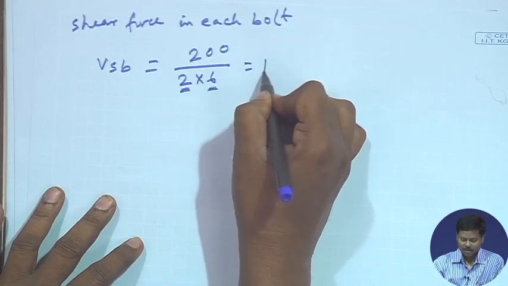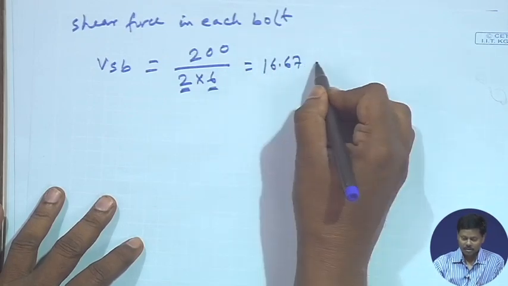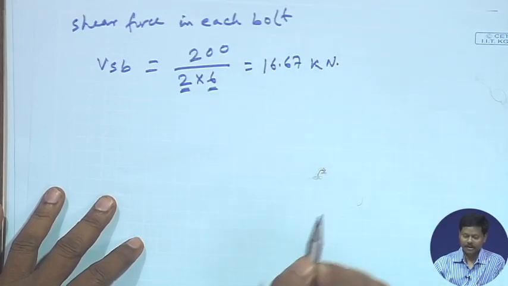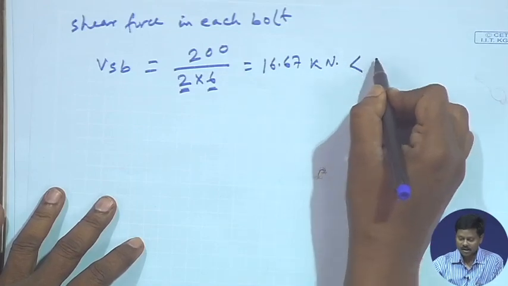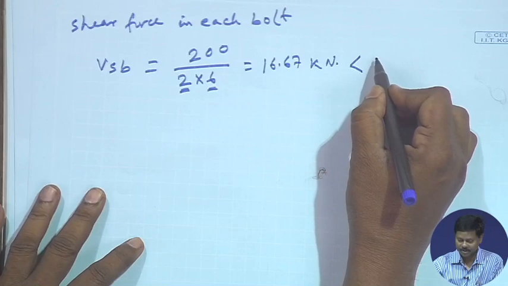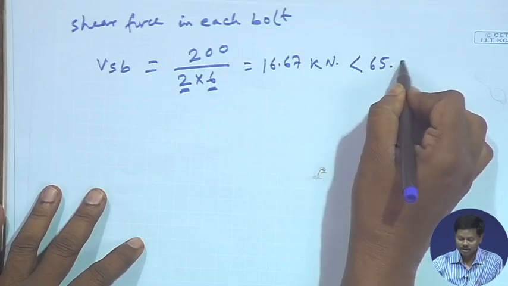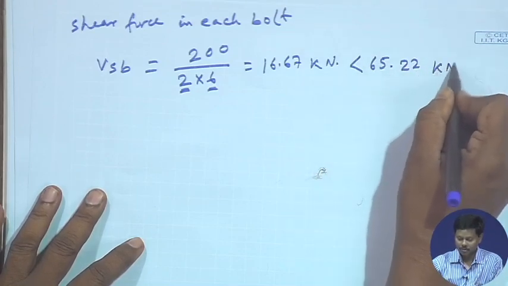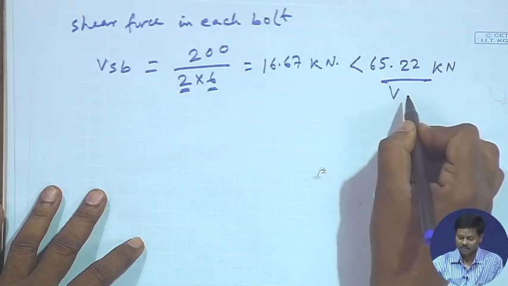So, this is coming 16.67 kilonewton, and this is less than the shear strength capacity of the bolt, which is 65.22 kilonewton. This is VDSB basically.